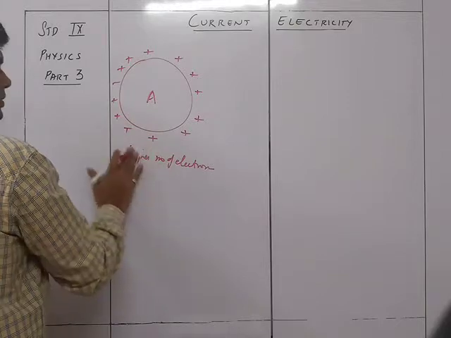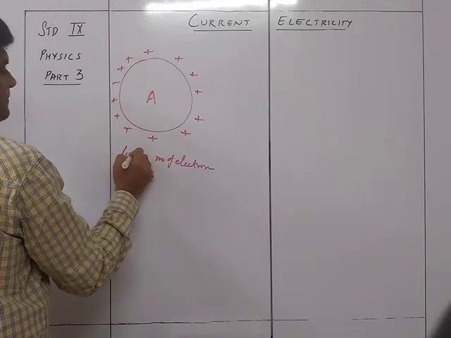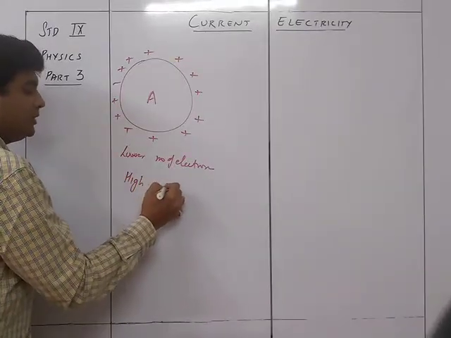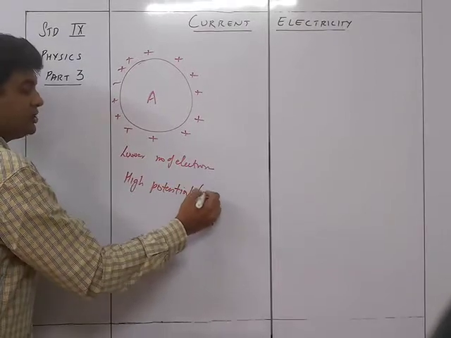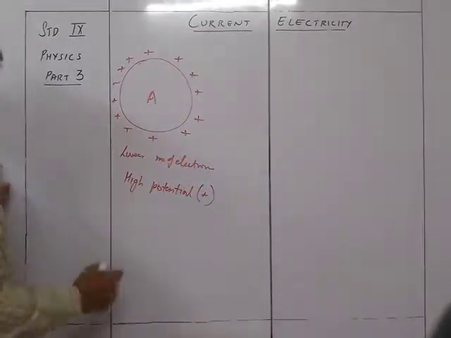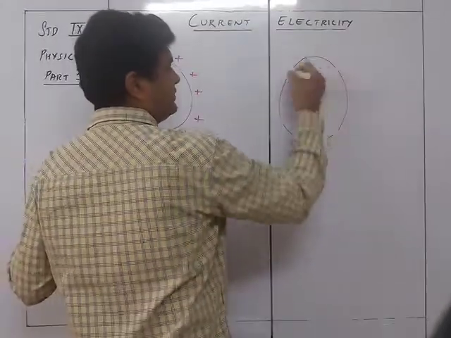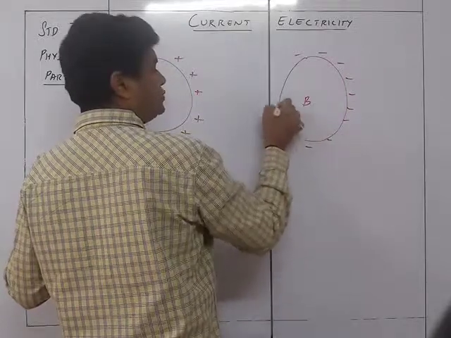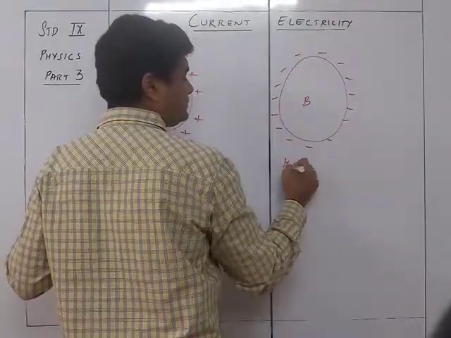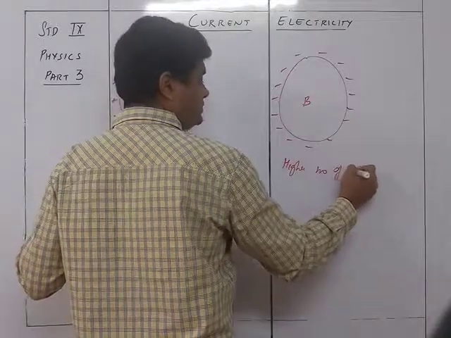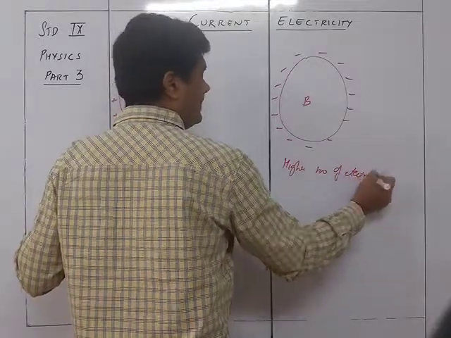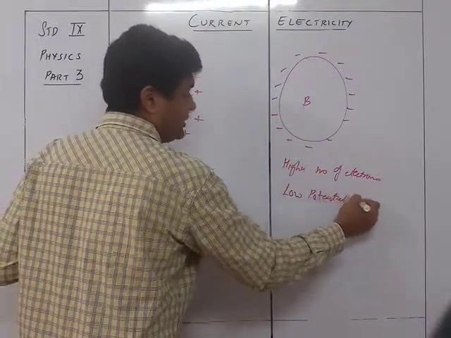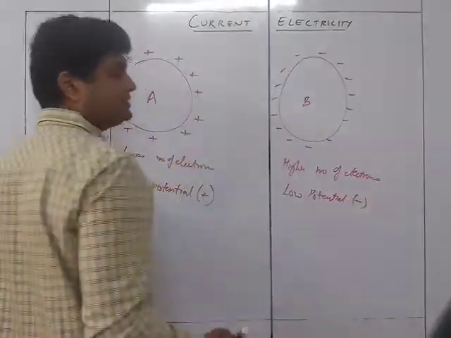So this has a lower number of electrons, and hence higher potential because of positive charge. This is a body B, which has negative charge, and because it has electrons over here, it has a higher number of electrons, but in a way it is at low potential because it is negative charge.